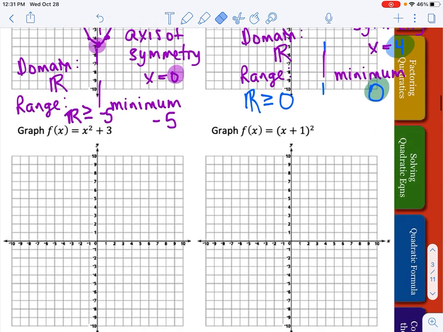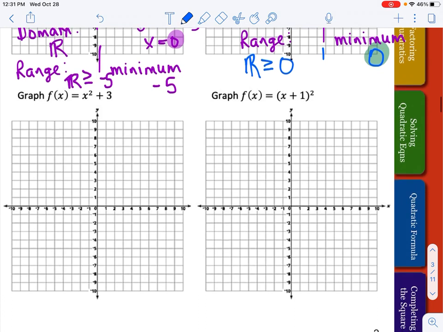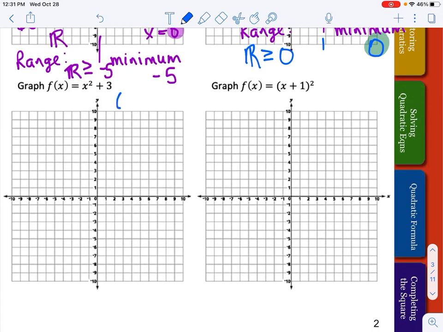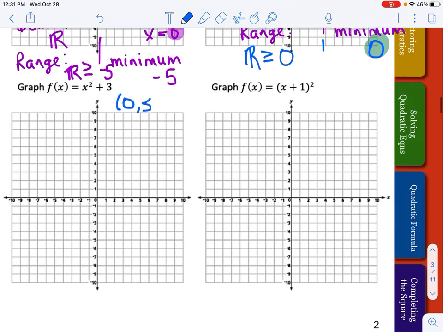Two more real quick. So I have to find my vertex, 0, 3 in this case. I go over 0, up 3. Once again, there's nothing multiplying this x squared, so I can just do that sort of parent function.